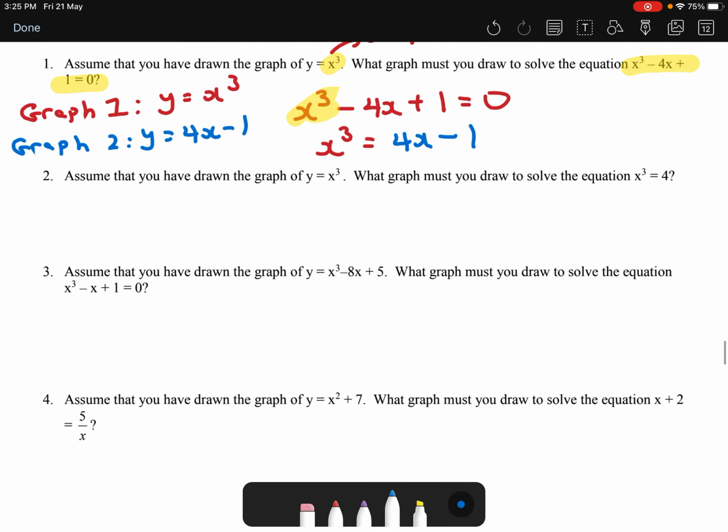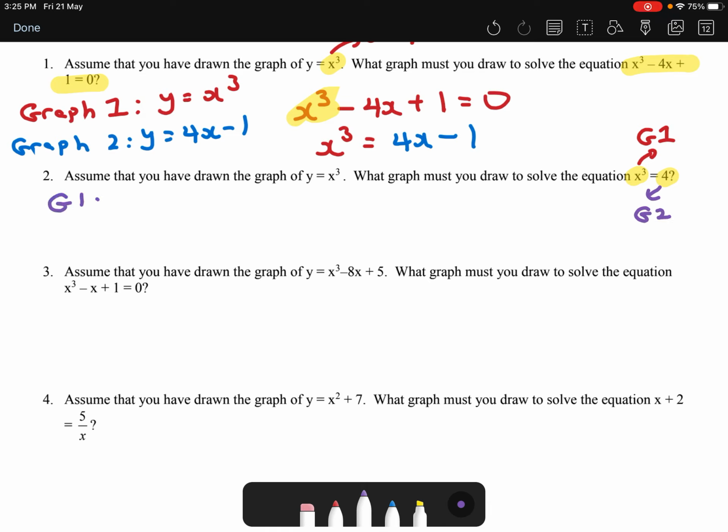Okay, number 2. Assume that you have drawn the graph y equal to x cubed. What graph must you draw to solve the equation x cubed equal to 4? This one is simple. My graph number 1 is right here. Just put G1, G for graph. Then graph number 2 is G2.